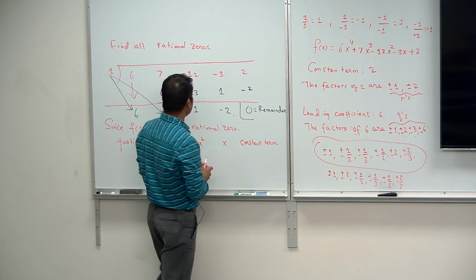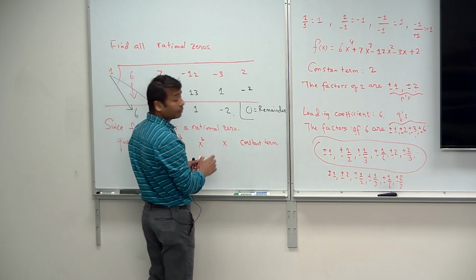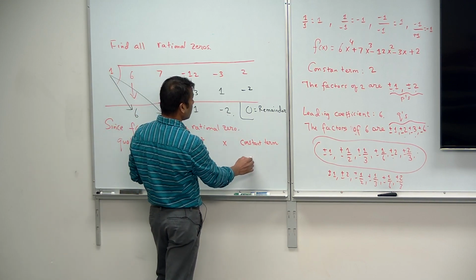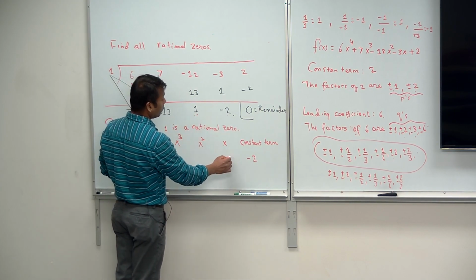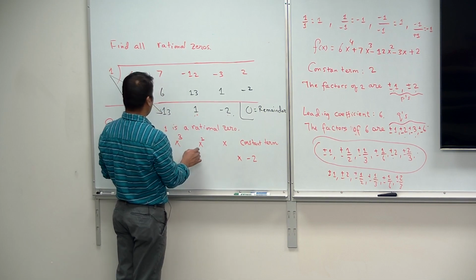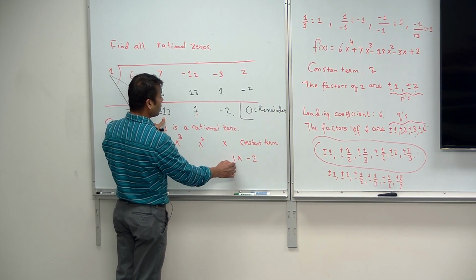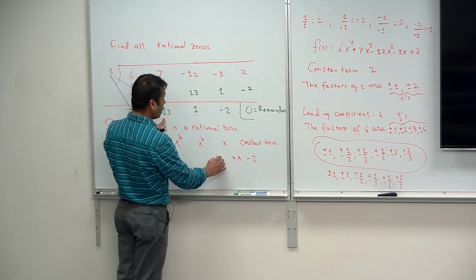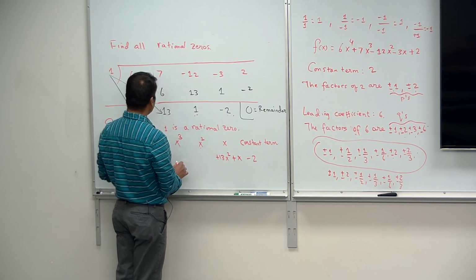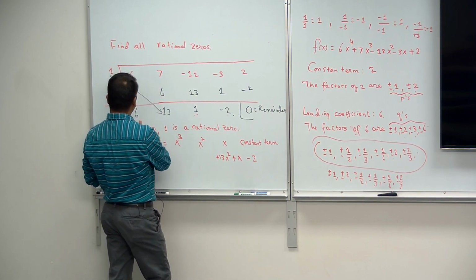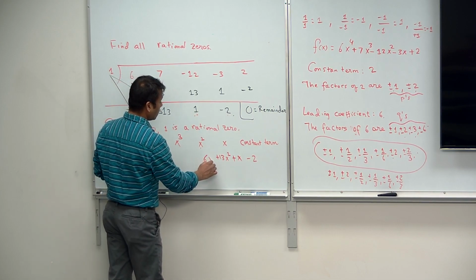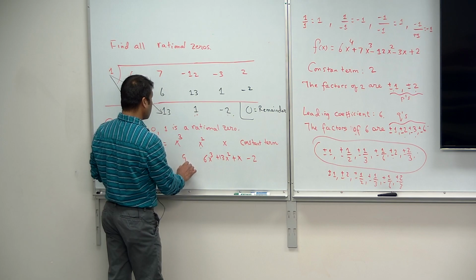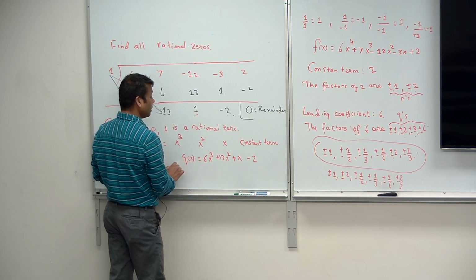What is your constant term? Negative 2. What is the coefficient of x? 1. So 1 times x is x. And what is the coefficient of x squared? Positive 13. So 13x squared. And what is the coefficient of x cubed? 6. So you have 6x cubed. So now this is going to be the quotient.